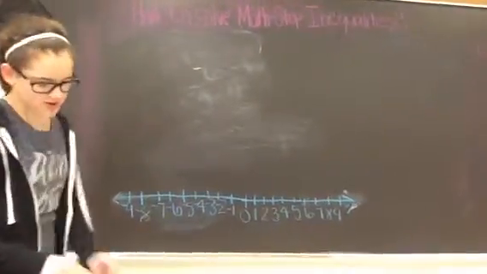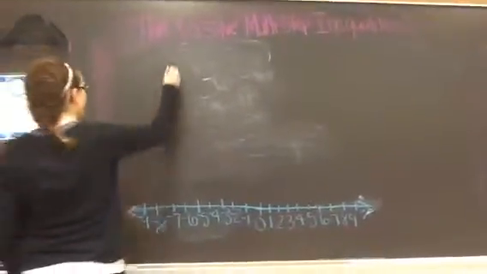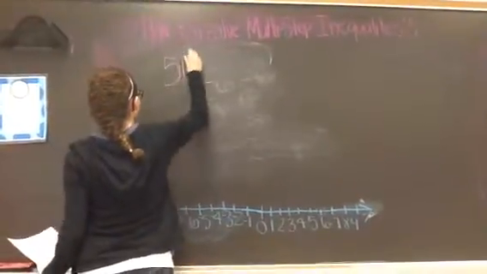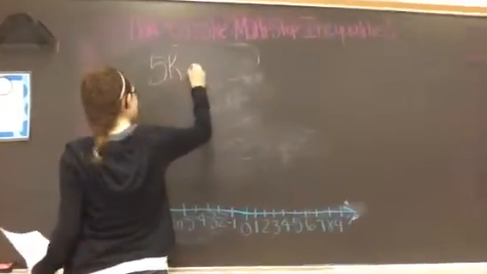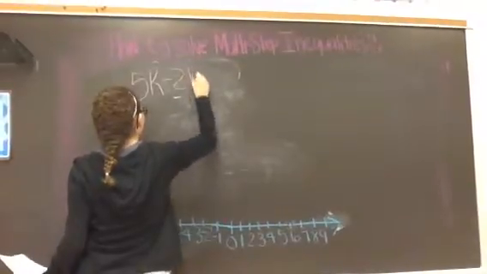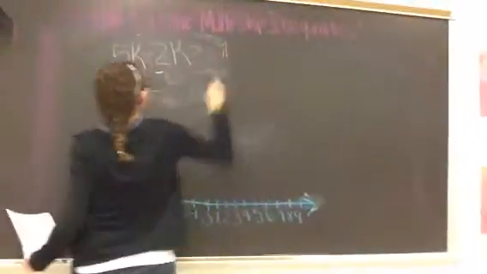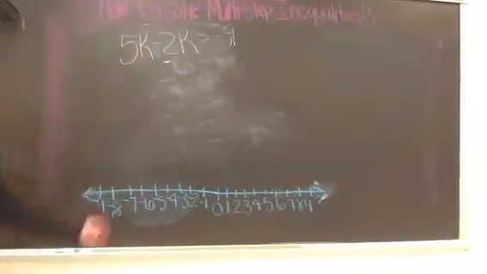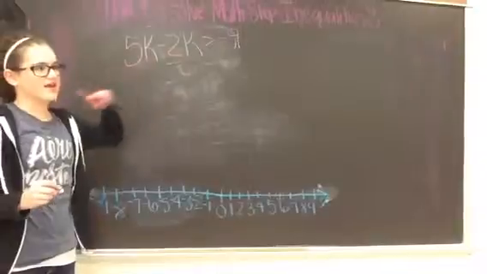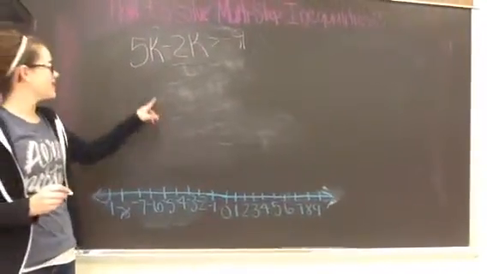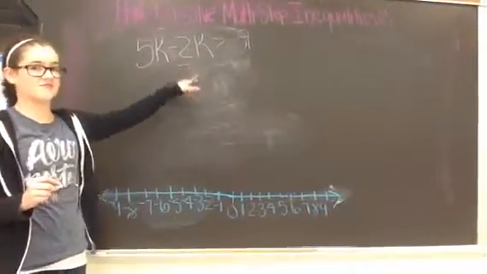So our next question is going to be 5k minus 2k is greater than negative 9. So we have two variables in this case, and what's going to make it easy is that our variables are the same variable.